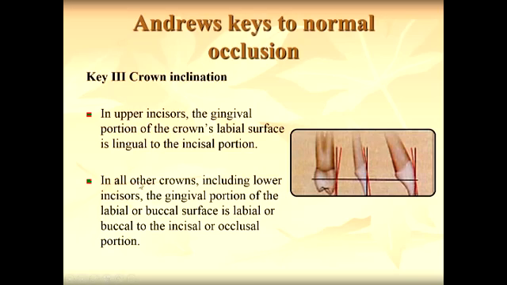In all other crowns, including the lower incisors, the gingival portion of the labial or buccal surface is labial or buccal to the incisal portion, as shown in this diagram.